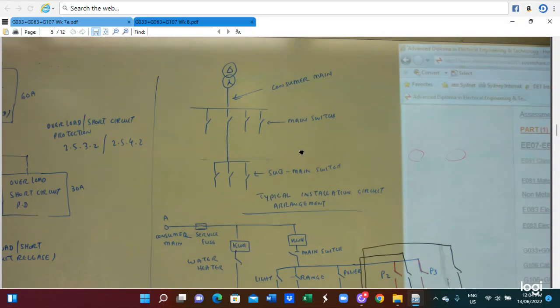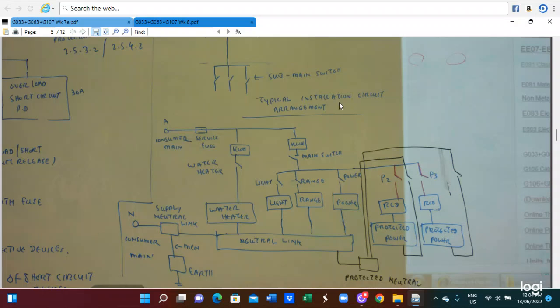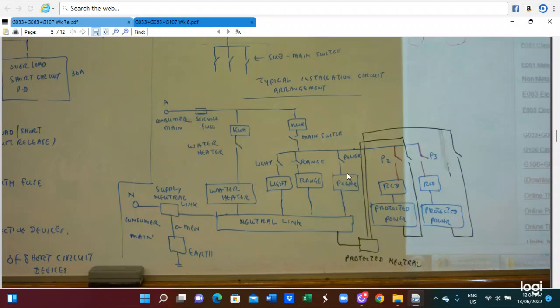So in our protection circuit, this is a consumer here, and here we locate the sub-board. This is a typical installation circuit arrangement. Supply here, consumer service line, kilowatt hour meter. This is for the water heater. We supply the water heater through a kilowatt hour meter, and we connect to the lights and the power.